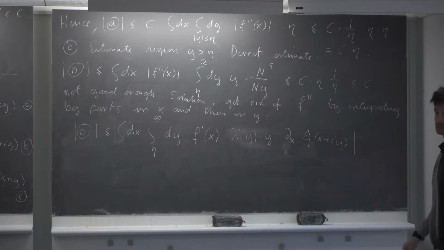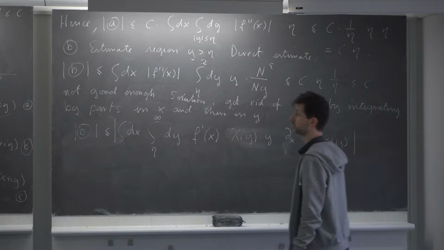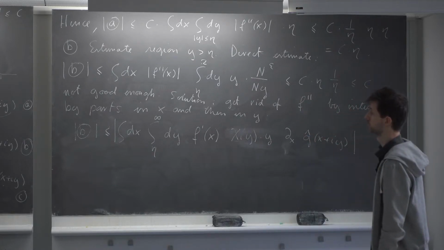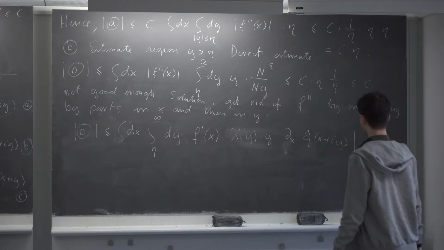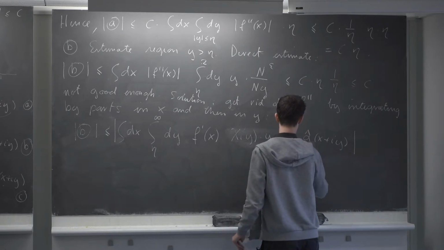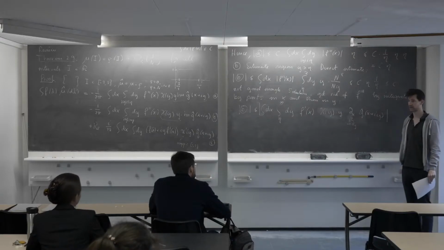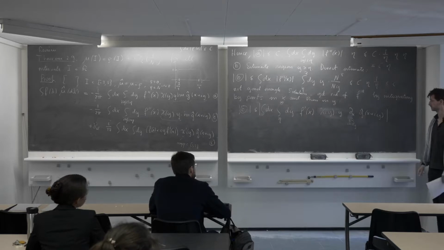Okay, so that's what happens if I do one integration by parts. I have no boundary terms because f and hence f prime and f double prime are smooth functions with compact support. And now I observe that when acting on the function g hat, the derivative in x is the same as minus i times the derivative in y.